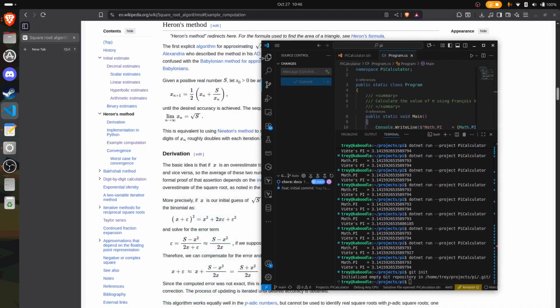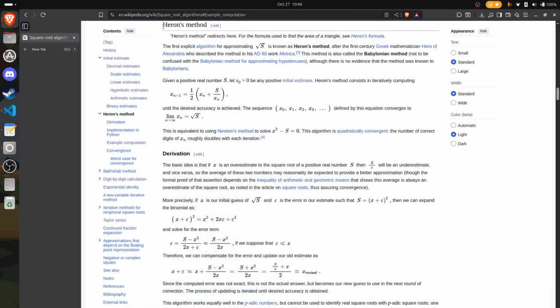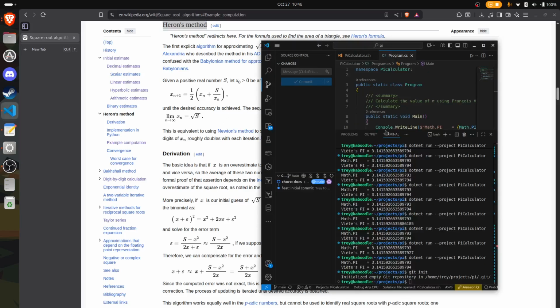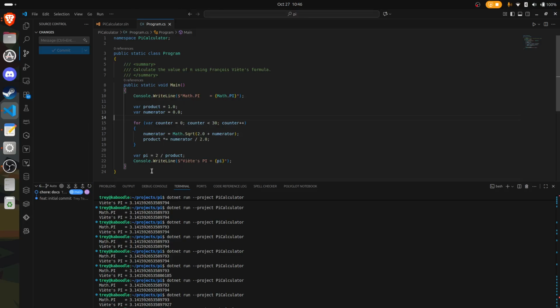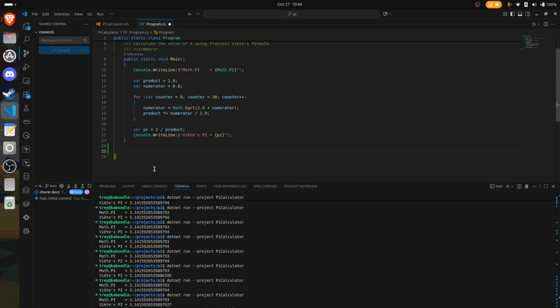So, did a bit of reading. We have an algorithm here. Heron's method for calculating a square root doesn't look that hard, theoretically. So, let's see if we can do this.